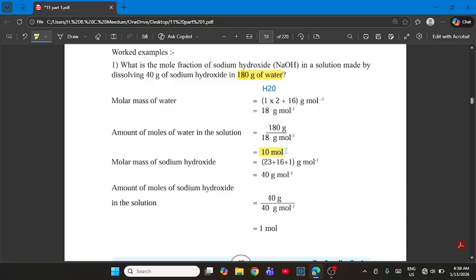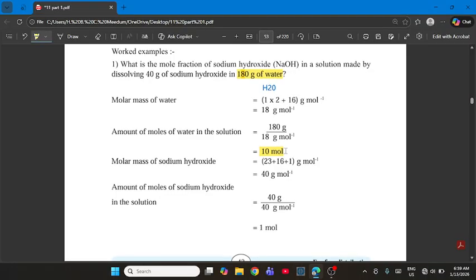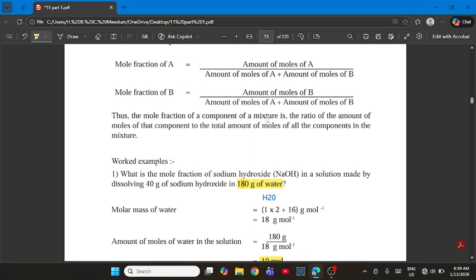Okay. Now you have found out the number of water moles. So here what they are asking is mole fraction of sodium hydroxide. No? So here if it is sodium hydroxide, you have to write the number of moles of sodium hydroxide. You already have found the number of moles of water here.